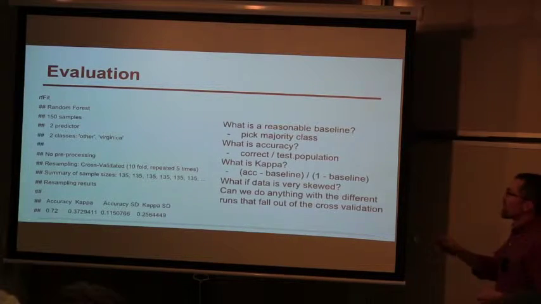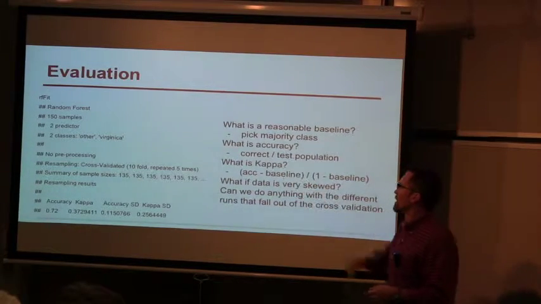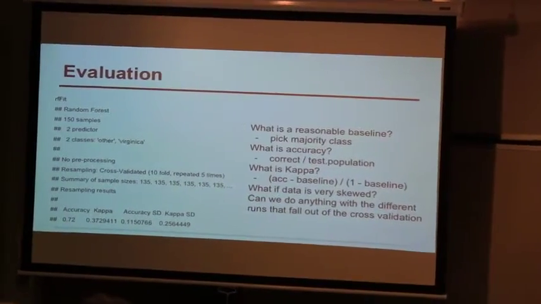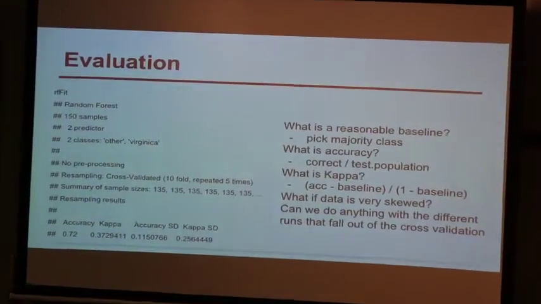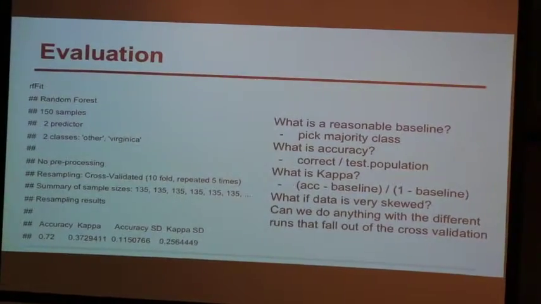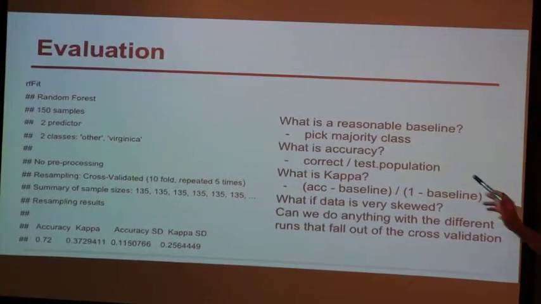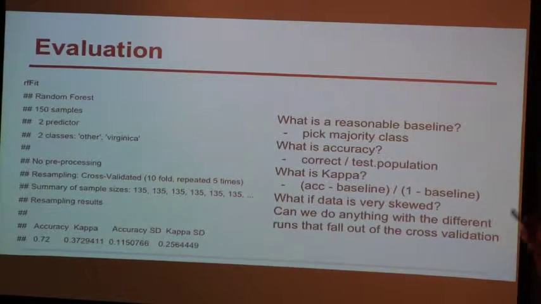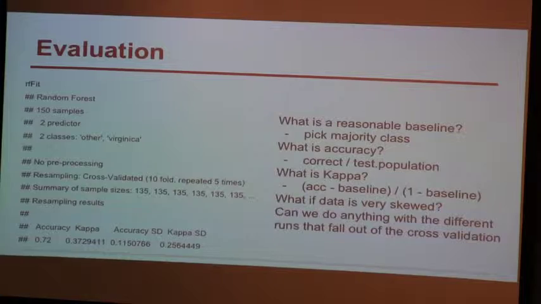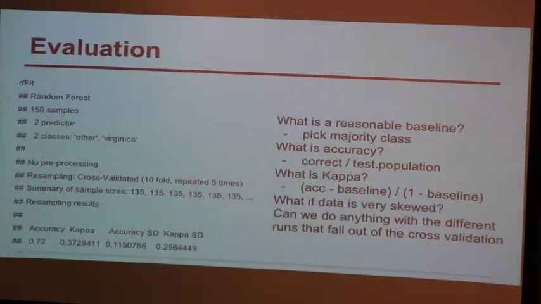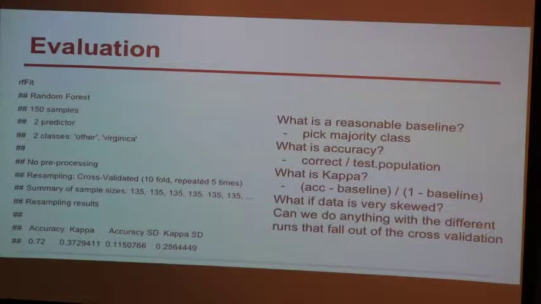And like I said, the accuracy is just how many you get correct divided by the test population. And kappa is a little different. Kappa is of the remaining bit that you have from your majority class, let's say your baseline, so 66%, of that proportion that's left over, which is 44, how much do you get of that?